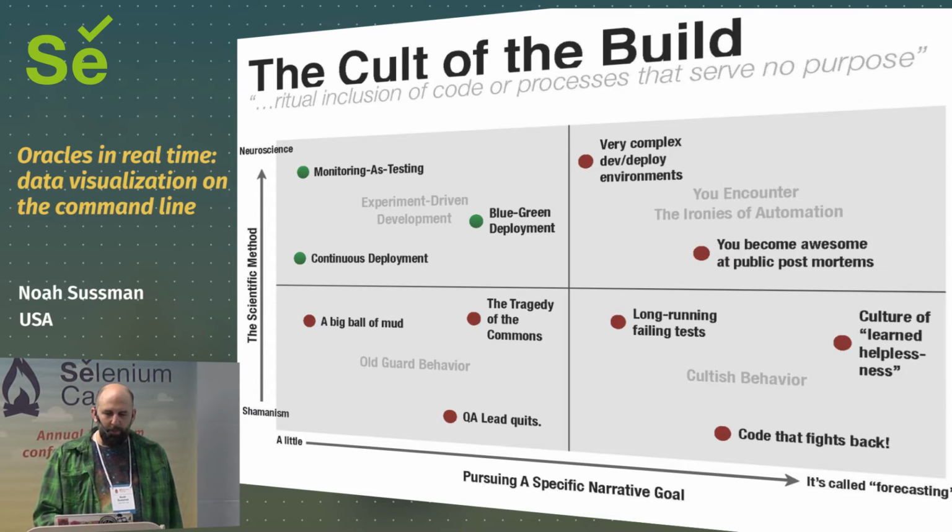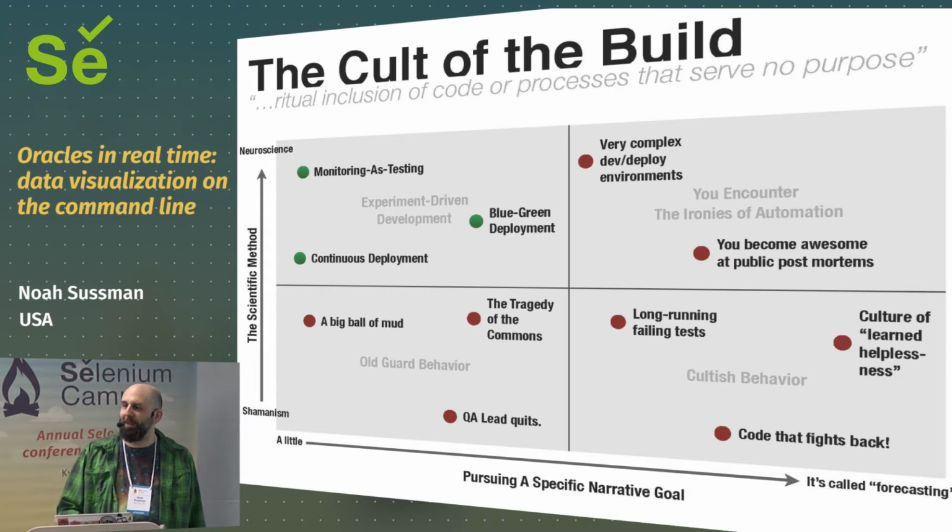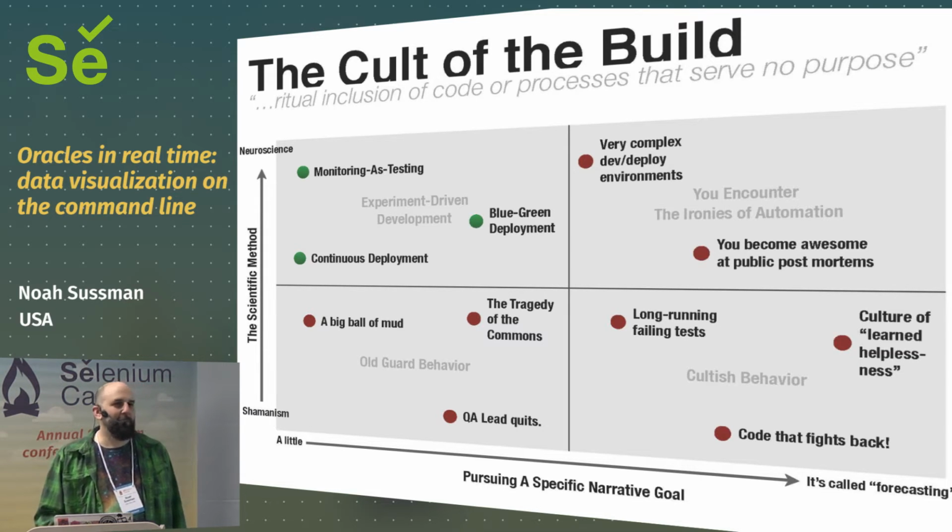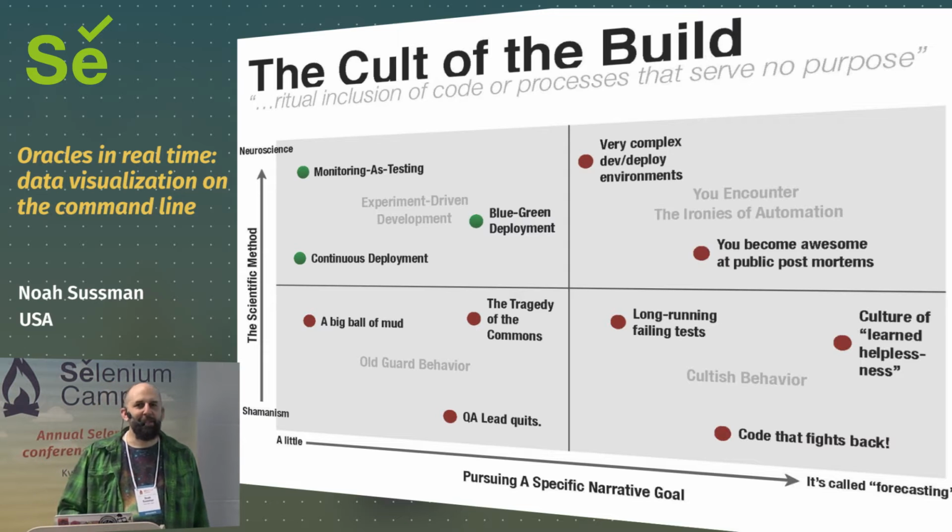So what I'm going to propose, which I bet won't be very foreign to any of you, is that we apply the scientific method when testing, rather than guessing, hoping, or pursuing a specific narrative.